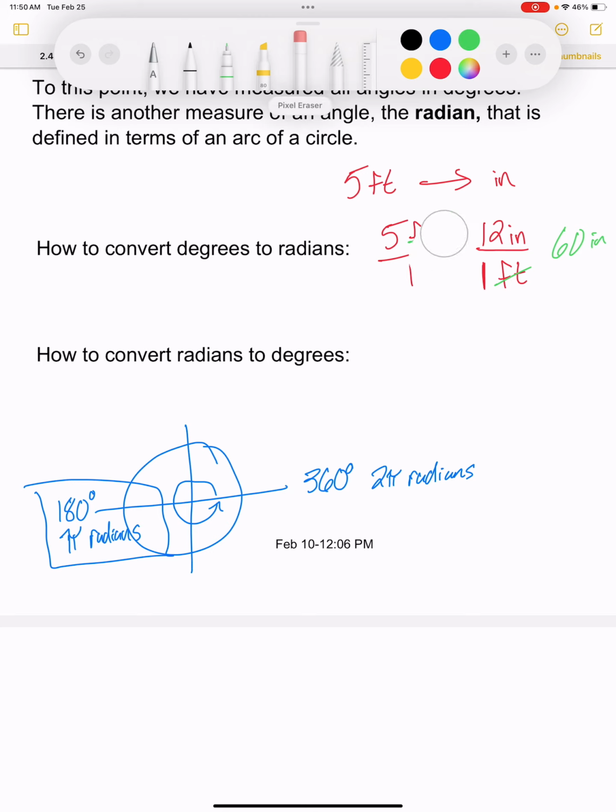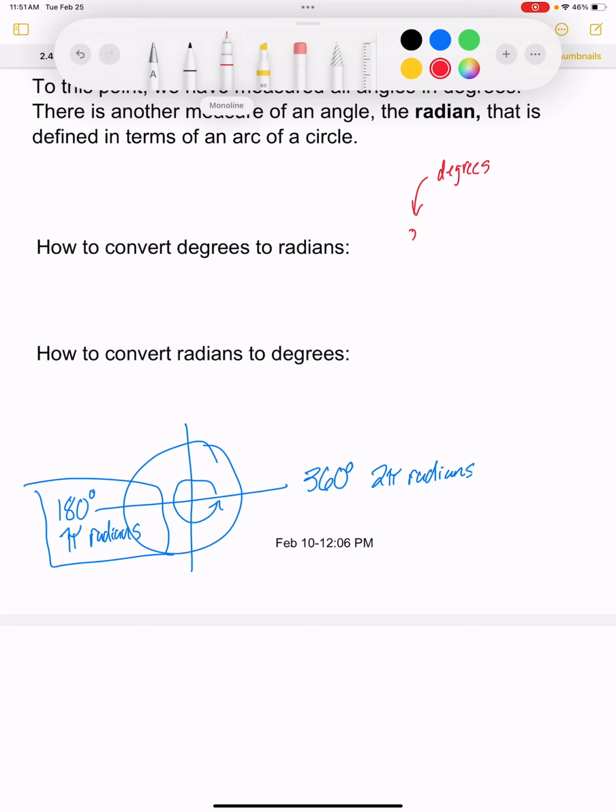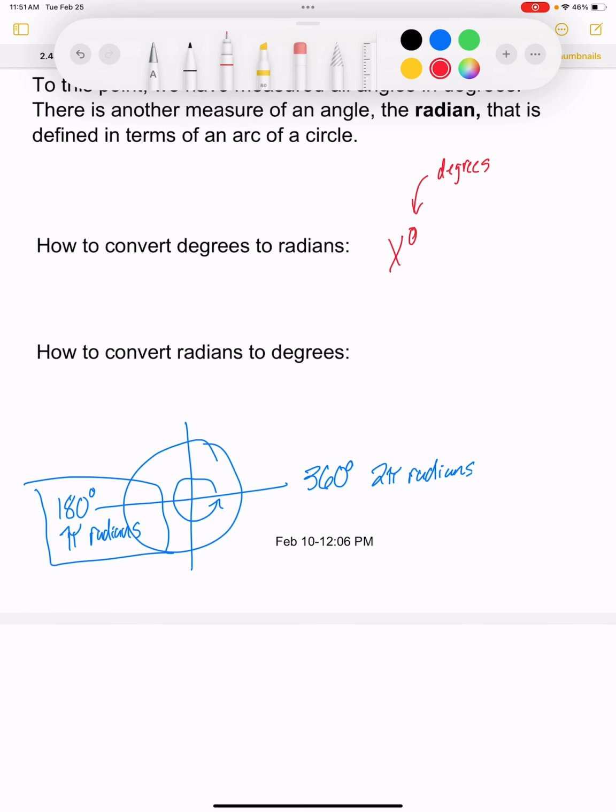So now we're going to convert degrees to radians. Let's say I have X degrees, and you want to convert that to radians.